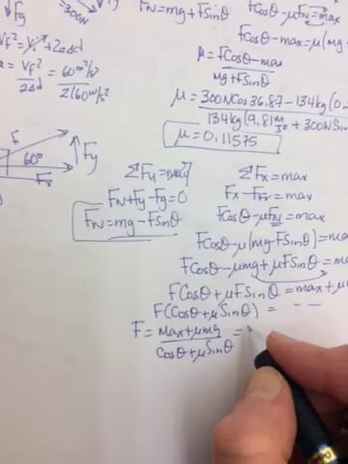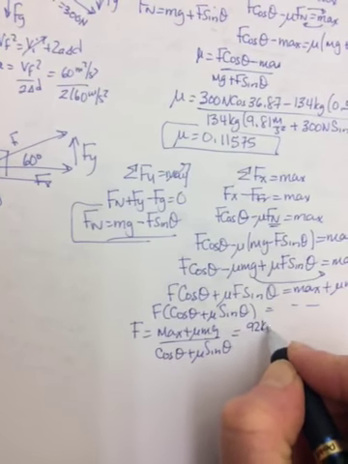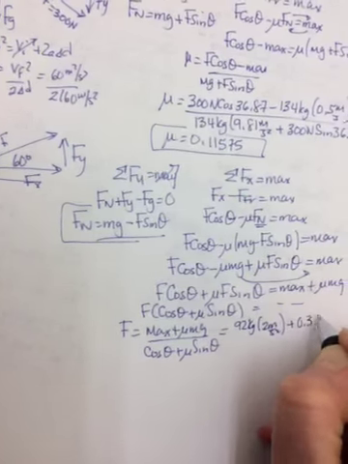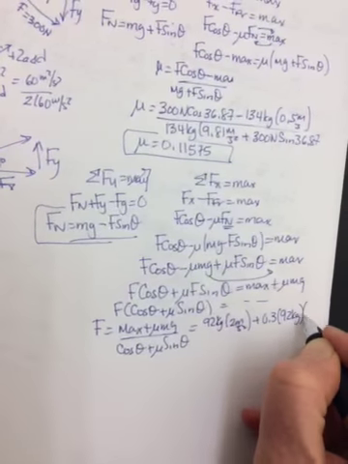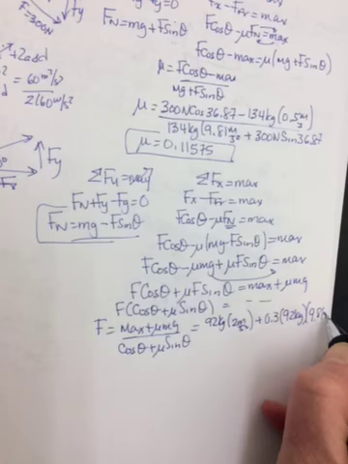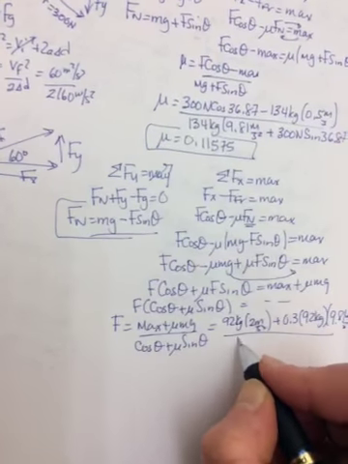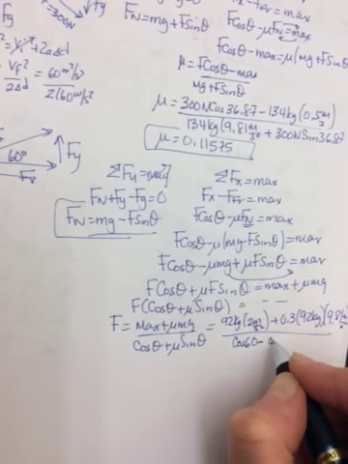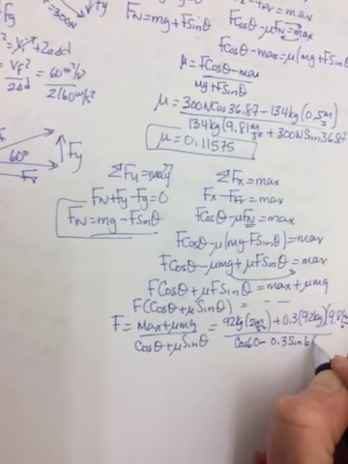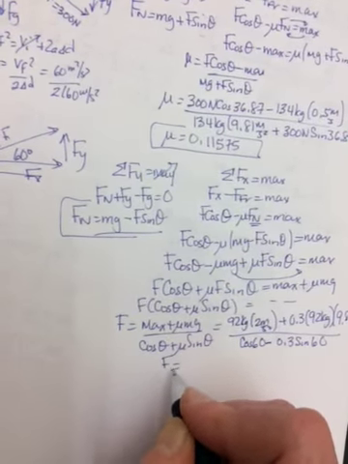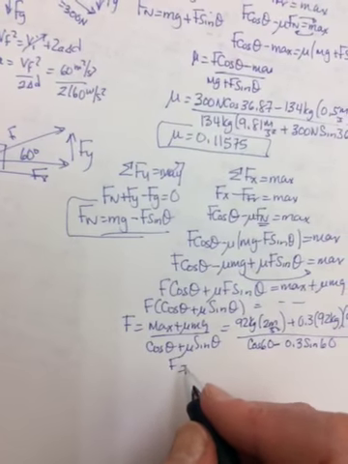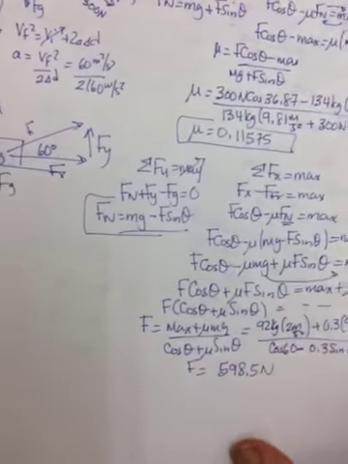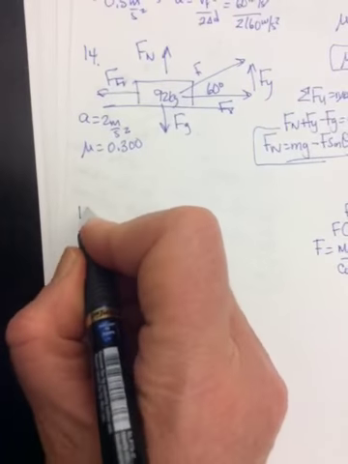So the m was 92 kilograms times 2 meters per second squared plus 0.3 times 92 kilograms times 9.81 meters per second squared divided by cos of 60, I think, yeah, plus 0.3 times the sine of 60. And again, if you can use your calculator, you should get a force of 598.5 newtons.